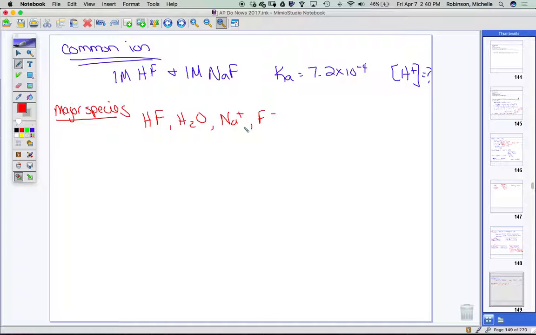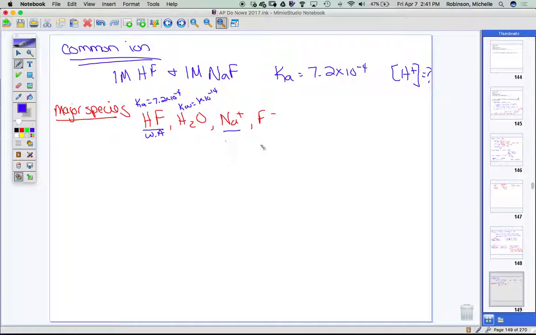How are we going to know? The K's, right. So this one we know is a weak acid, and we know its Ka is 7.2 times 10 to the minus 4th. We know water's water, and we know its Kw is 1 times 10 to the negative 14th.